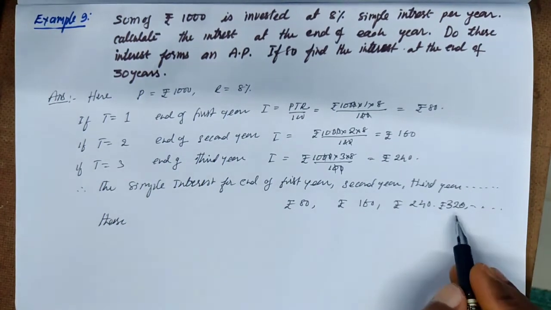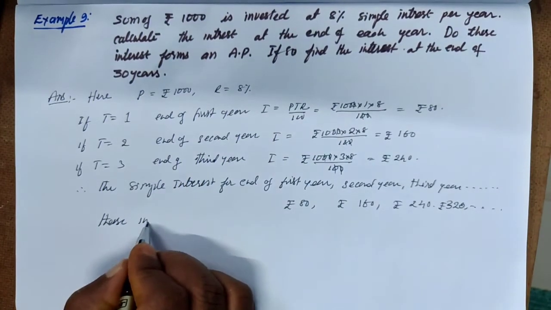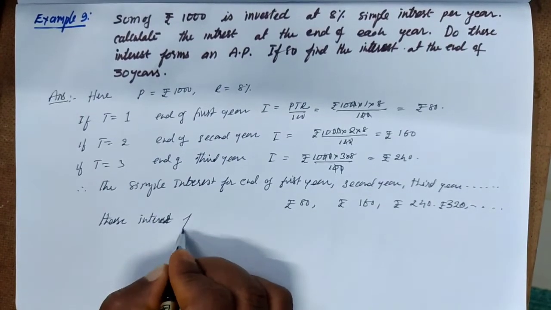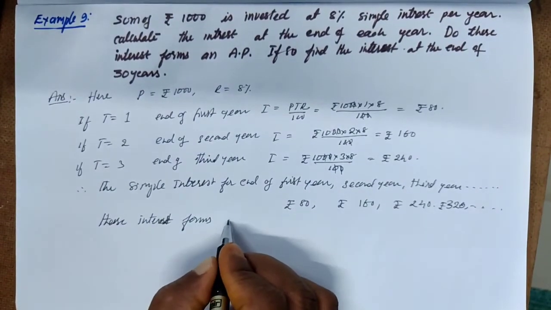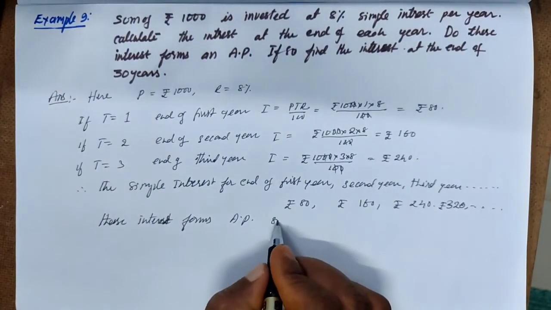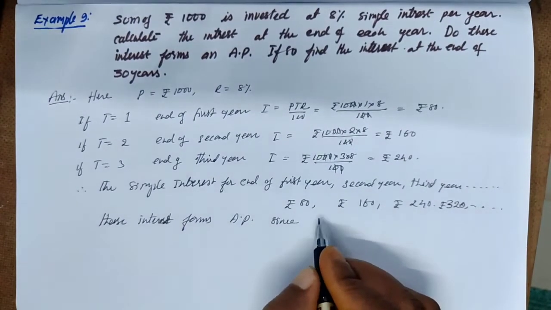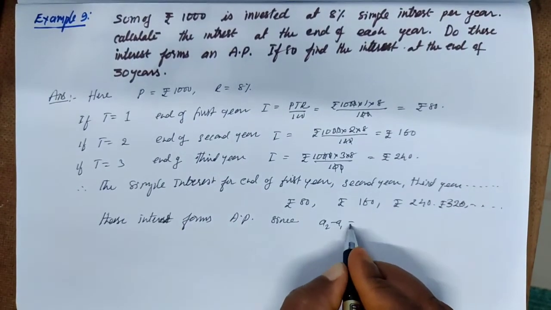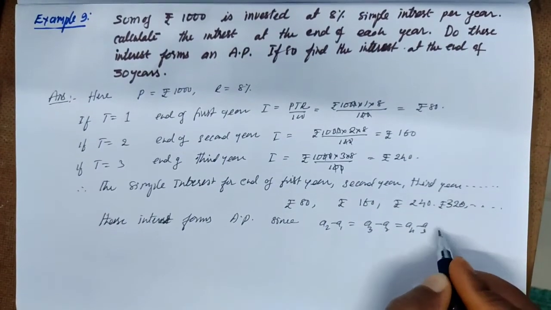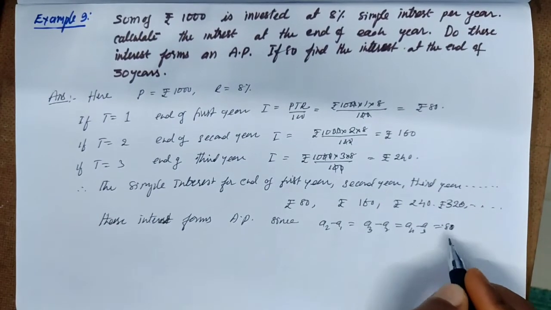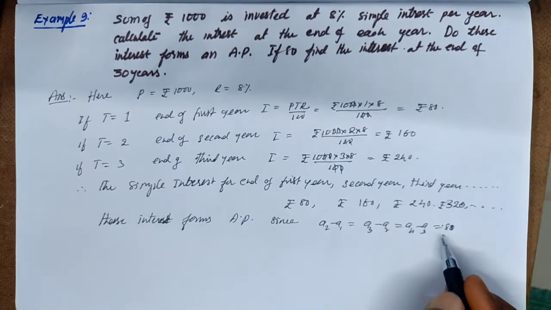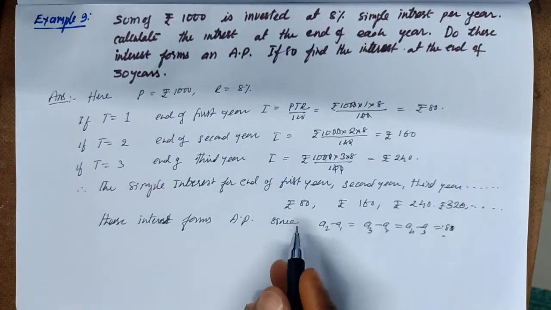So these interests form an arithmetic progression, because A2 minus A1 is equal to A3 minus A2 is equal to A4 minus A3 is equal to 80. The difference between consecutive terms is 80, so there exists a common difference, therefore it forms an arithmetic progression.